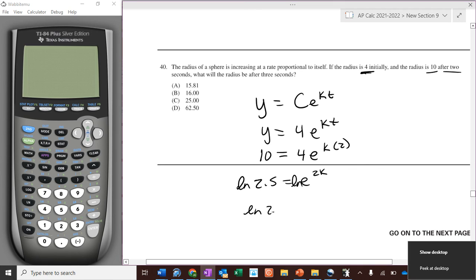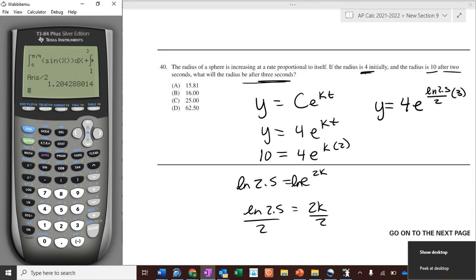So the ln of 2.5 equals 2k and divide by 2. So we want to find the radius after 3 seconds, right? So y equals 4e to the (ln of 2.5 over 2) times 3. So you put it into your calculator because we're on the calculator section.